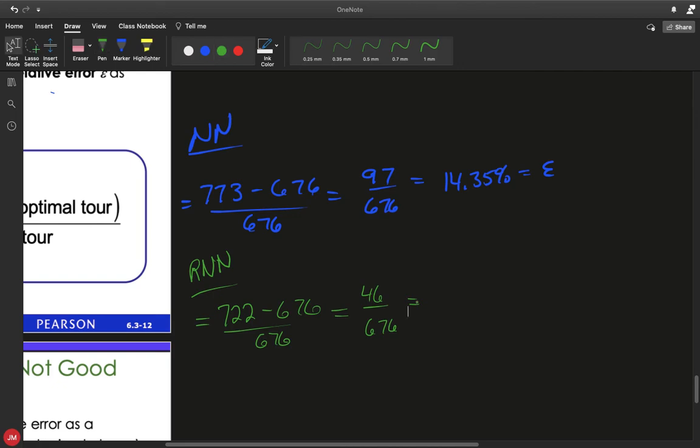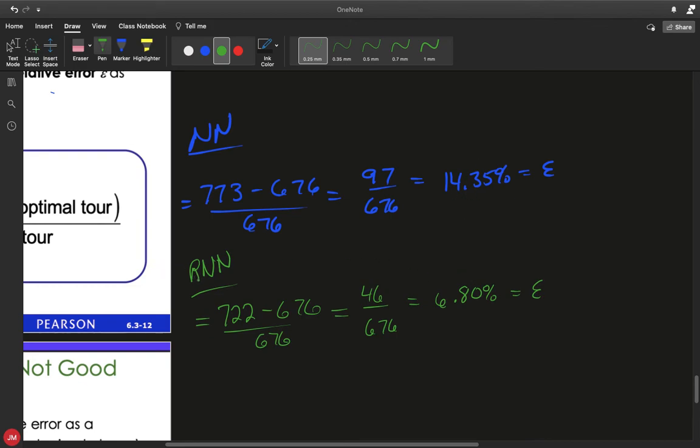And when we divide that by 676, our relative error is now just 6.80%. So now we're only off by a little under 7% instead of being off by as much as 14%.